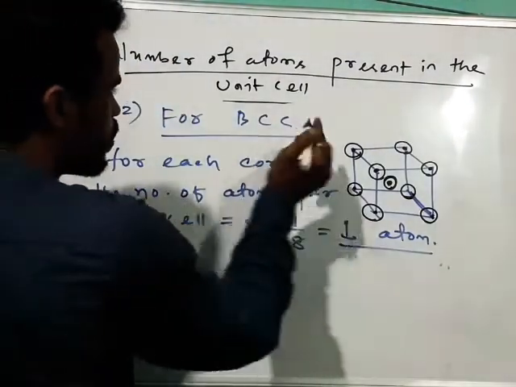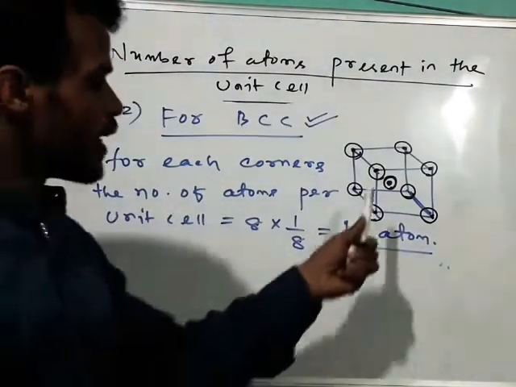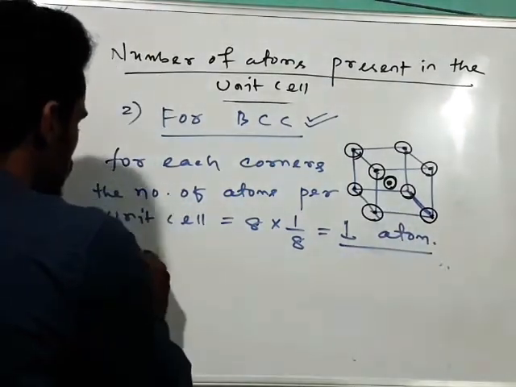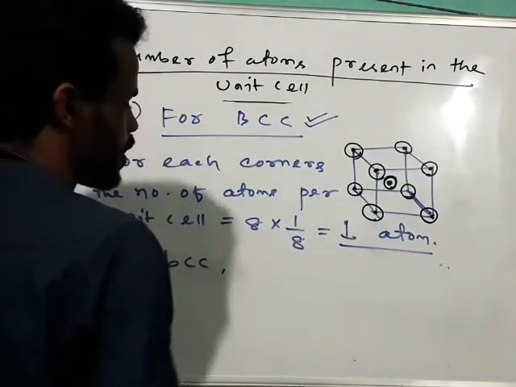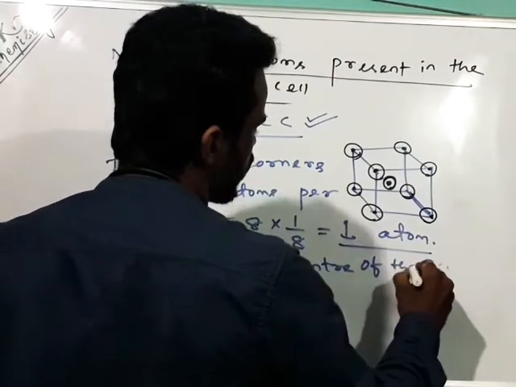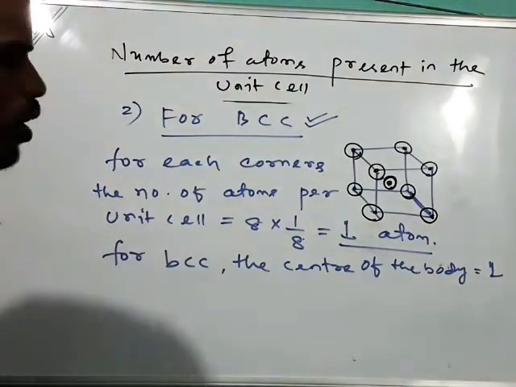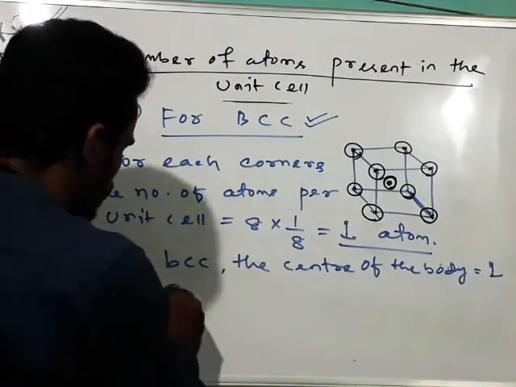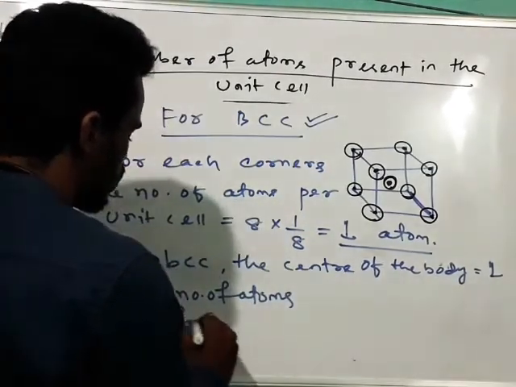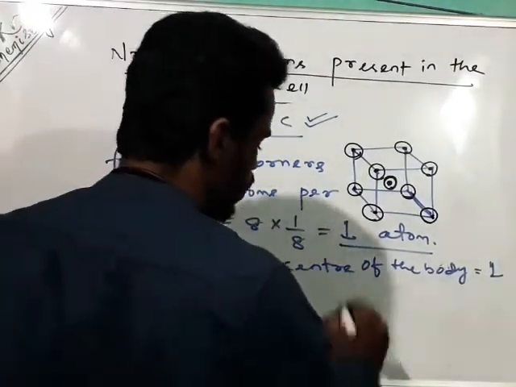And if the crystal is a body centered cubic crystal, then there is a center atom at the body. So for body centered cubic crystal, the center of the body is equal to 1 body center atom.